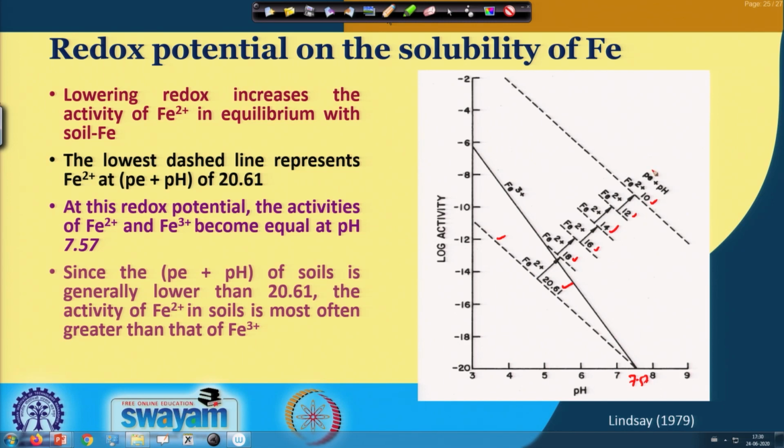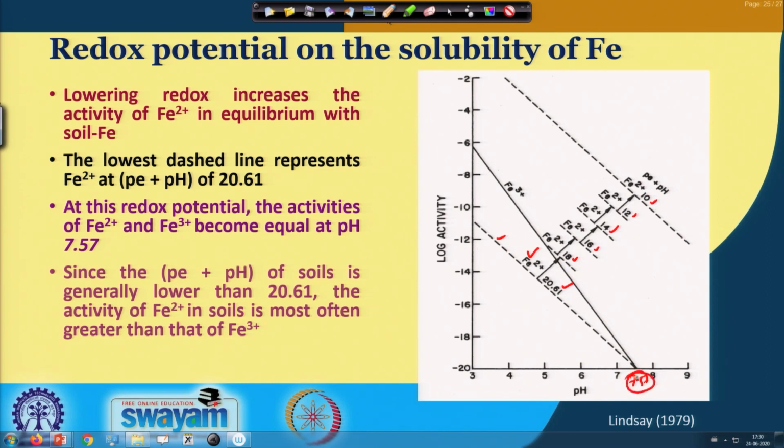So, when we are reducing to low redox potential, it is increasing the Fe2+ activity in the soil solution. Here we can see the lowest dashed line represents Fe2+ at pe plus pH of 20.61. At this redox potential, the activities of ferrous and ferric become equal at a pH value of 7.57.